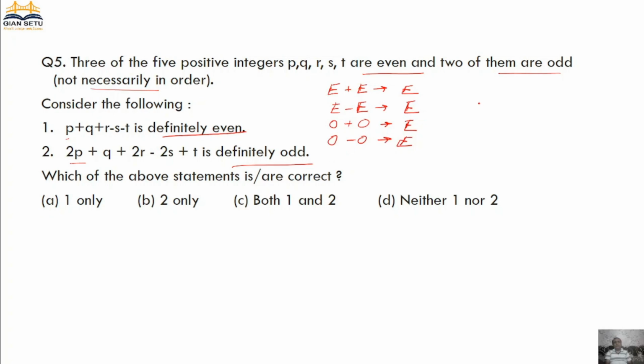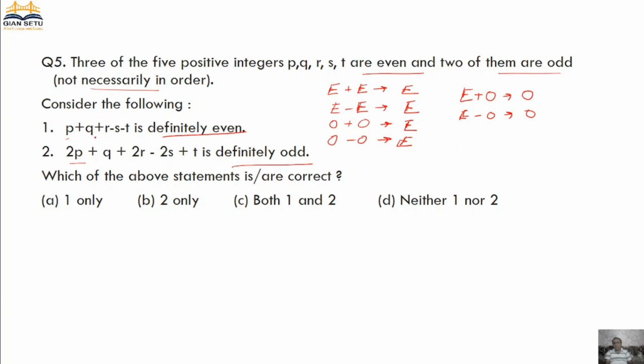Now, if we add an even number and an odd number, then we get an odd number. And if we subtract an odd number from an even number, we get an odd number. Right? Now, let's come back to the statements.